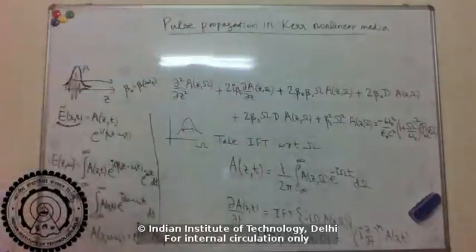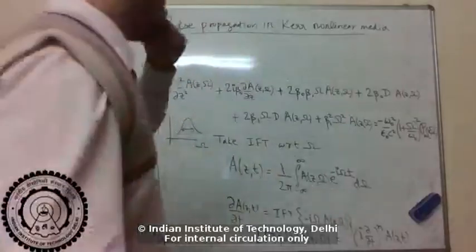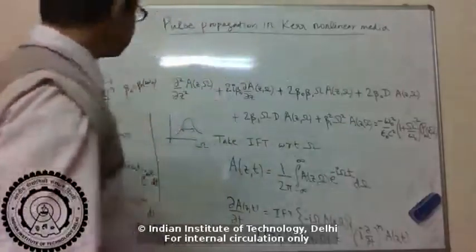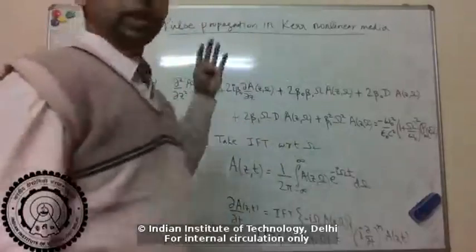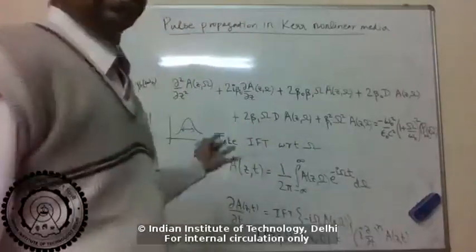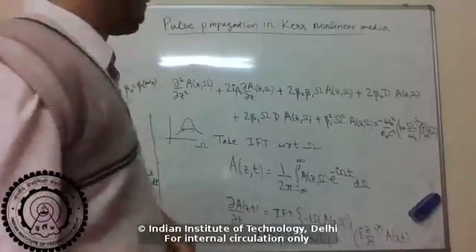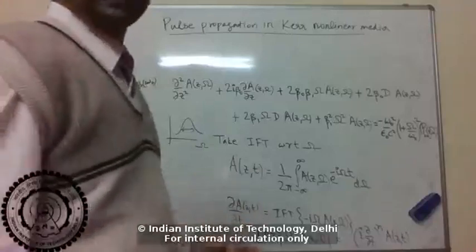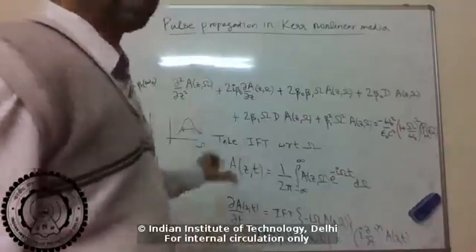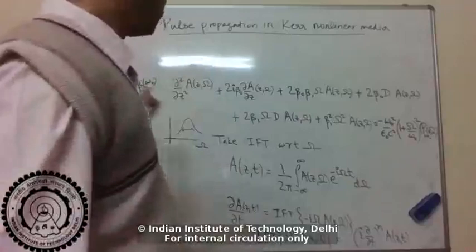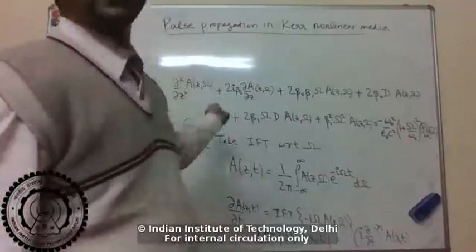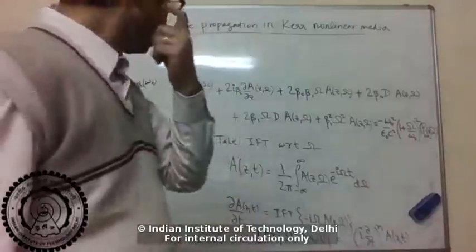So what we'll see is that to analyze this pulse propagation, it's easier to do it in the time domain rather than the frequency domain. For the cases where we have monochromatic waves interacting with each other, the frequency domain equation is easier to analyze, whereas for this pulse we'll get a time domain equation.